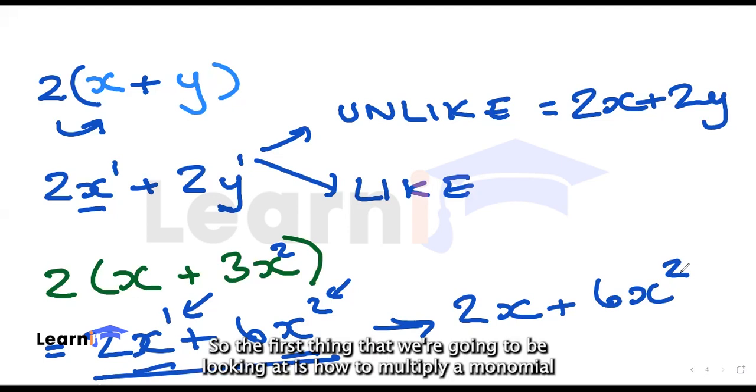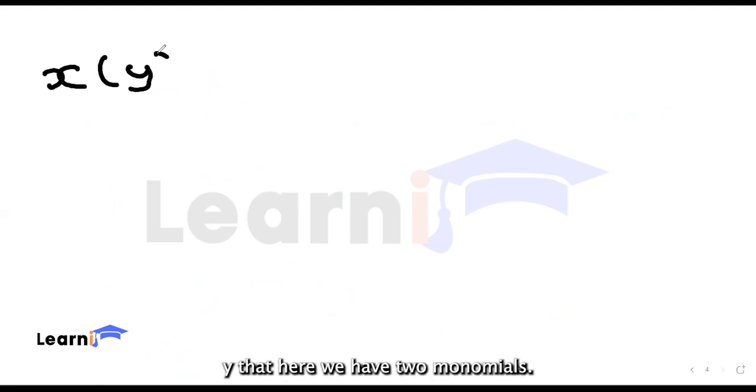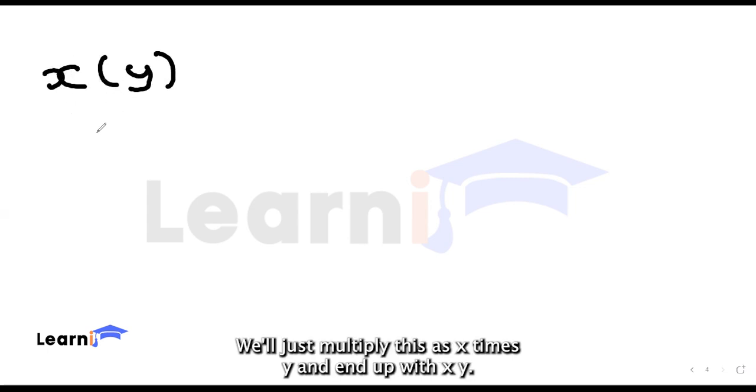Okay, so the first thing that we're going to be looking at is how to multiply a monomial into other forms, either a binomial, a trinomial, or a polynomial. That's the first thing. You will remember that if we had an x into a y, that here we have two monomials, we'll just multiply this as x times y and end up with xy.